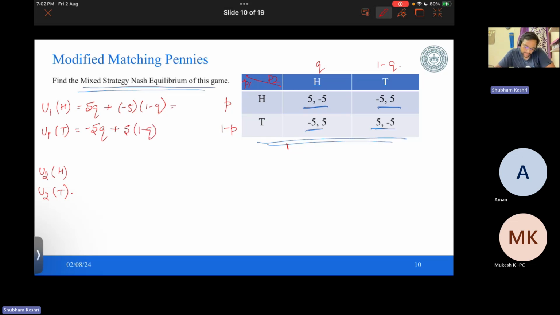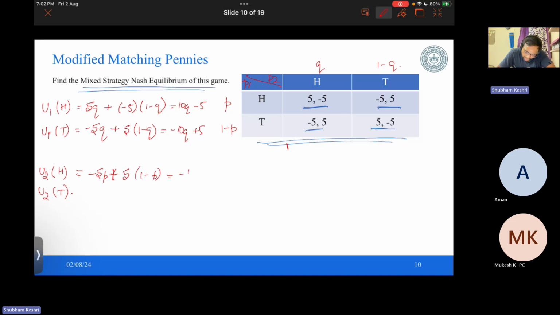We just solve it. So this will become 10q minus 5, and this will become minus 10q plus 5. Now the utility of player 2 will become minus 5 times p plus 5 times 1 minus p.